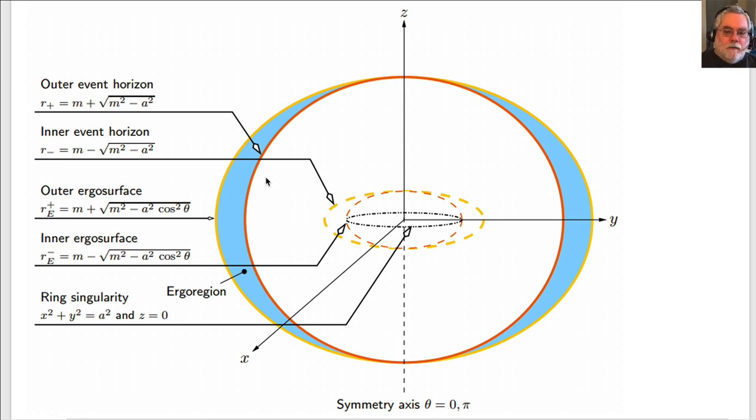The outer event horizon for a rotating black hole is closer to the singularity ring than the Schwarzschild radius for a non-rotating black hole. At maximum rotation, its distance to the singularity ring is half the non-rotating distance, half the Schwarzschild radius. This will be important for orbits and time dilation.